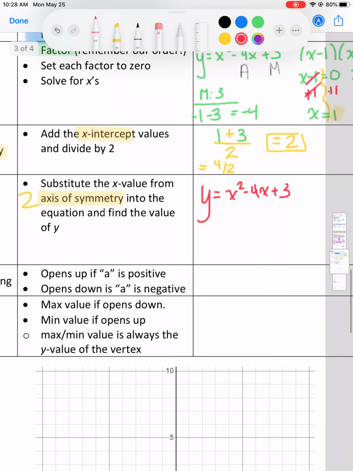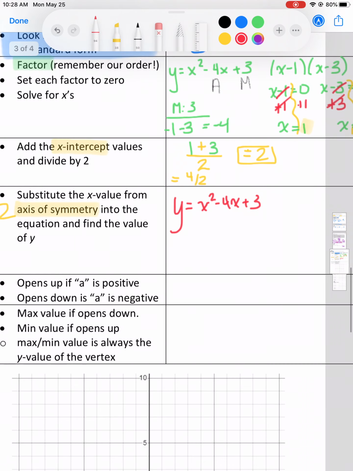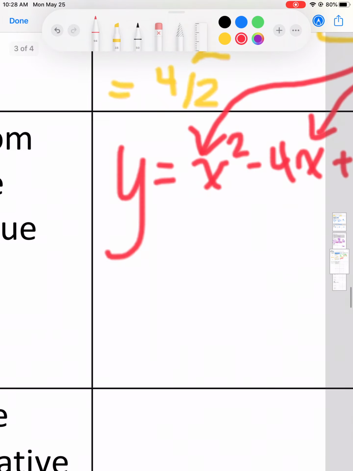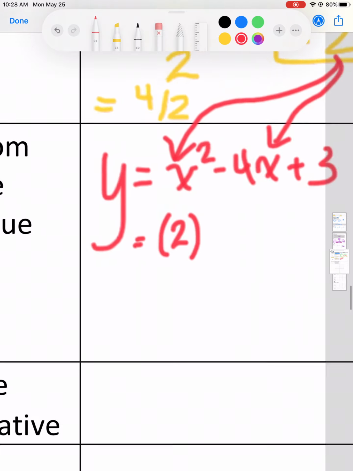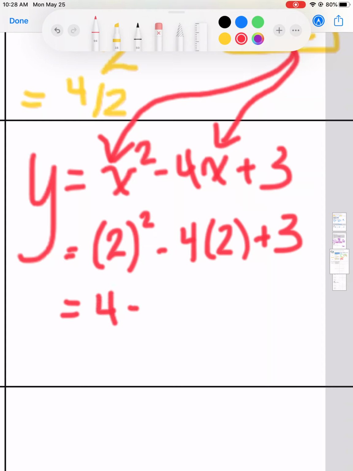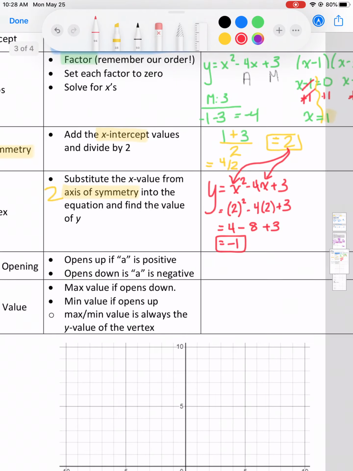It says substitute the x value from our axis of symmetry. So we're going to put this value into here and this value into here. So remember, when we're replacing a letter, we put in brackets, I'm sorry. Okay, let's solve. 2 squared, 2 times 2 is 4. 4 times 2 is 8, plus 3. I am following BEDMAS. 4 minus 8 is negative 4. Negative 4 plus 3 is negative 1. Put it in your calculator if you don't believe me. Okay.